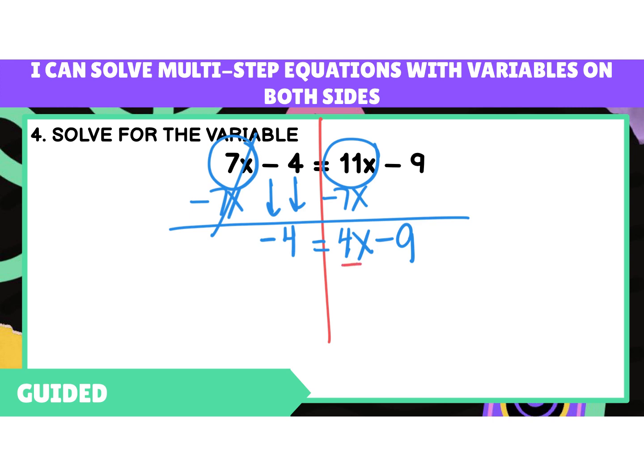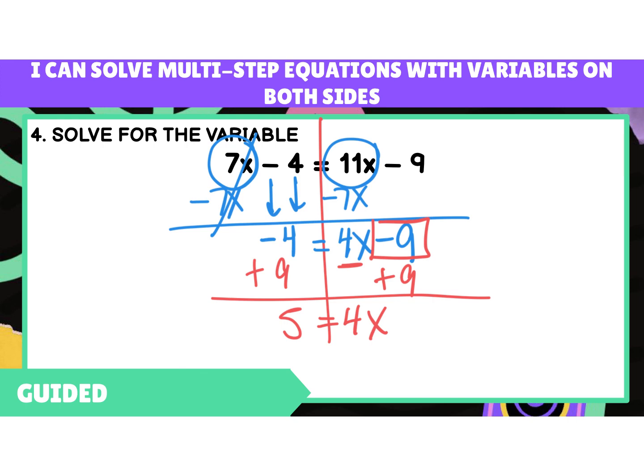Now I want the 4x by itself, so I'm going to do the opposite. I'm going to add 9 to both sides. I'm going to get positive 5 equals 4x. And we know we're going to divide by 4 on both sides. And so x is going to be a decimal. That's okay. Should be 1.25.